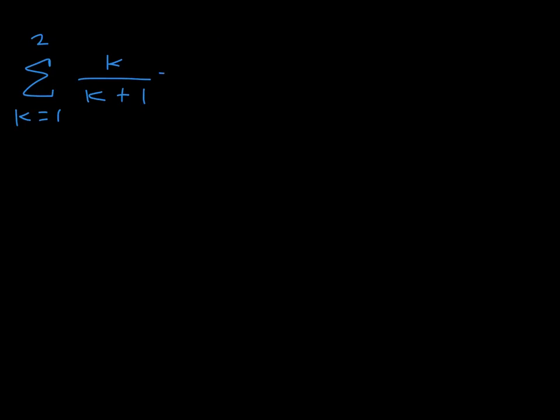All right, so then this would be 1 over 1 plus 1, plus 2 over 2 plus 1. We stop there because k only goes from 1 to 2. So then this is 1/2 plus 2/3, which is 7/6. Awesome.